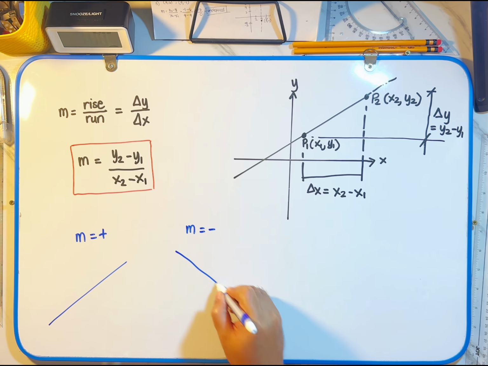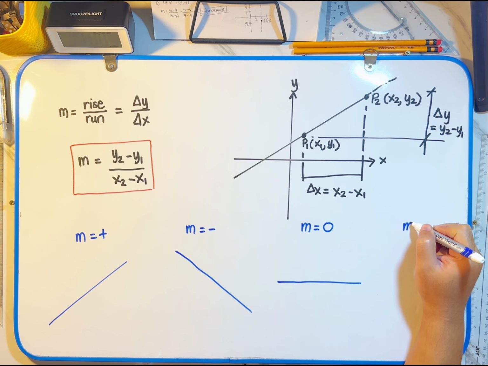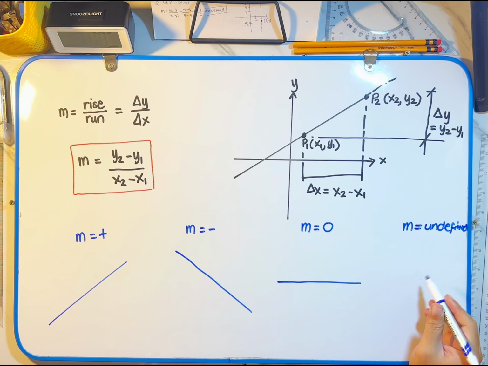How about if our slope is 0? The line is horizontal. And if our slope is undefined, our line is vertical. Okay, so always remember this concept. Now let's proceed to answering some example problems.